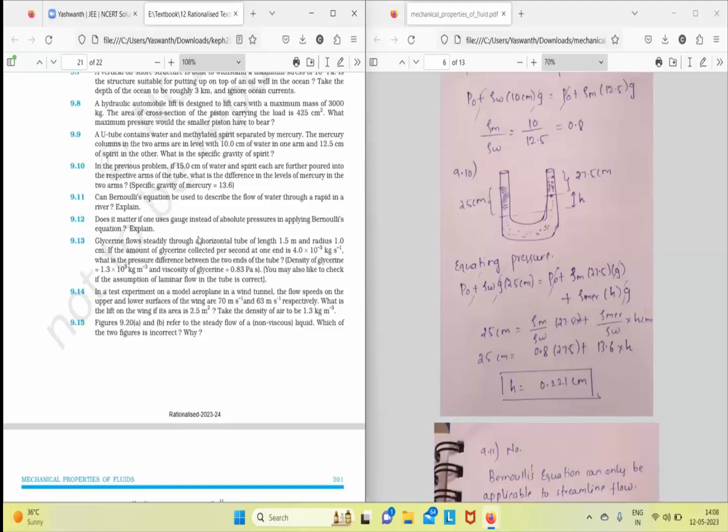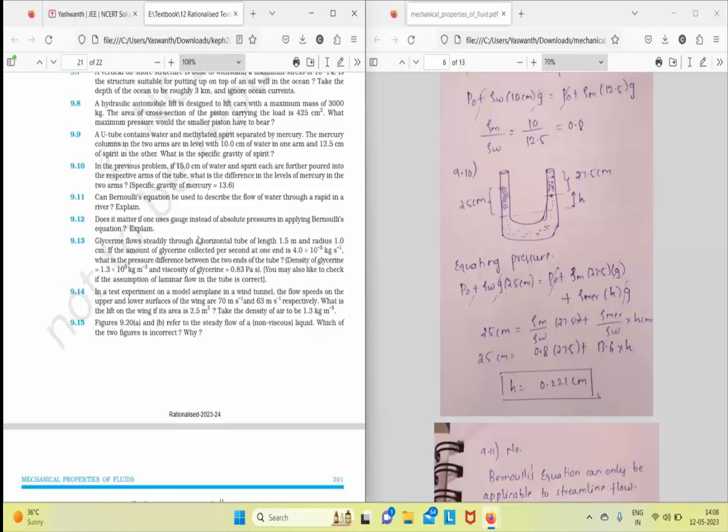Next question is, does it matter if one uses gauge instead of absolute pressure in applying Bernoulli's equation? So what is gauge pressure? Gauge pressure will be equal to absolute pressure minus atmospheric pressure. What it is asking is, is there any problem if I use gauge pressure instead of absolute pressure in the Bernoulli's equation?